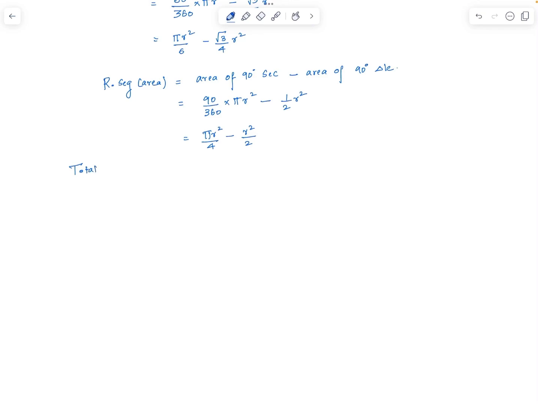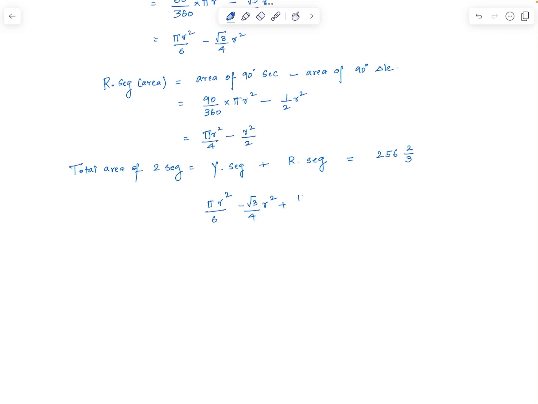Total area of two segments, that is yellow and the red. Yellow segment plus red rose segment. This is given as 256 2/3, which is 770 upon 3. Yellow segment is pi r square upon 6 minus root 3 by 4 r square.